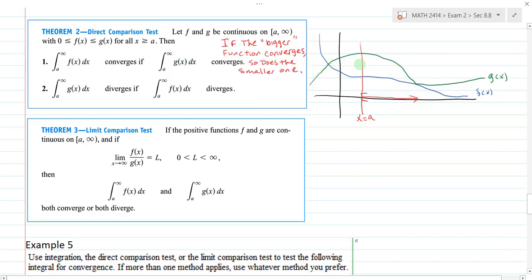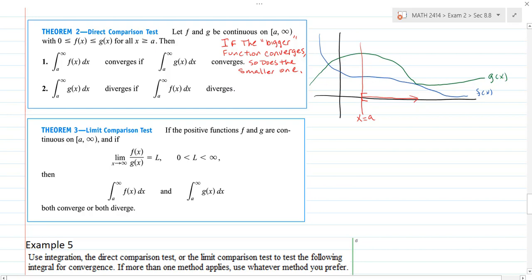So if the bigger function converges, meaning it's not equal to infinity, then the smaller function's not going to be infinity either. Because the bigger one should be closer to infinity than the smaller one, because we're looking at the area under the curve. If the bigger one's not equal to infinity, the smaller one's not, so that means the smaller one will converge as well.